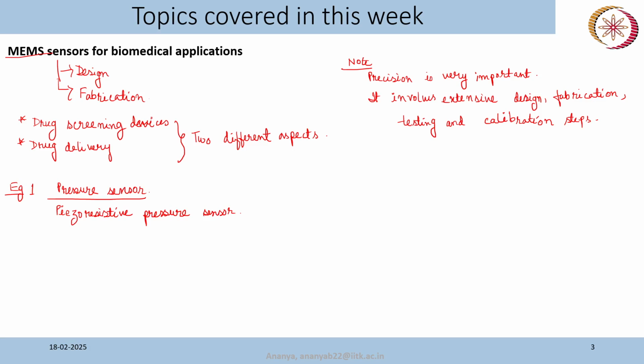Now what are those materials? One example that was given is boron doped silicon. Silicon is a piezoresistive material, and with boron doping, the piezoresistive effect actually increases. Okay, so boron doped silicon is a piezoresistive material.